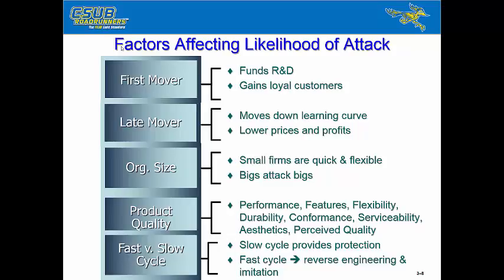Performance, features, flexibility, durability, these other factors, all if you have a superior product in one kind or another, then that also increases the likelihood that you would be in an attack position. And then finally, fast versus slow cycle. Slow cycle tends to provide protection, leads to more of a defensive posture. A fast cycle means reverse engineering and imitation and a lot of reason for attack.